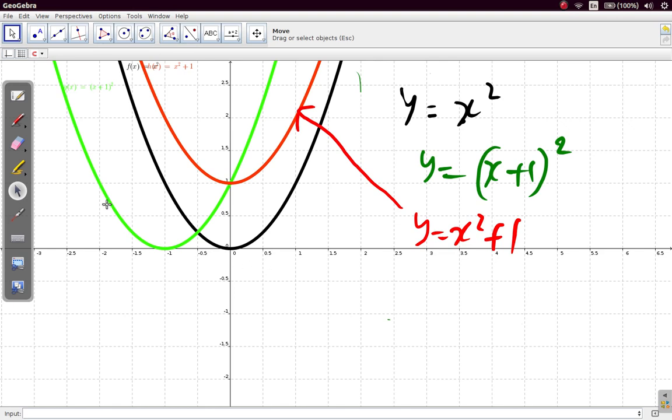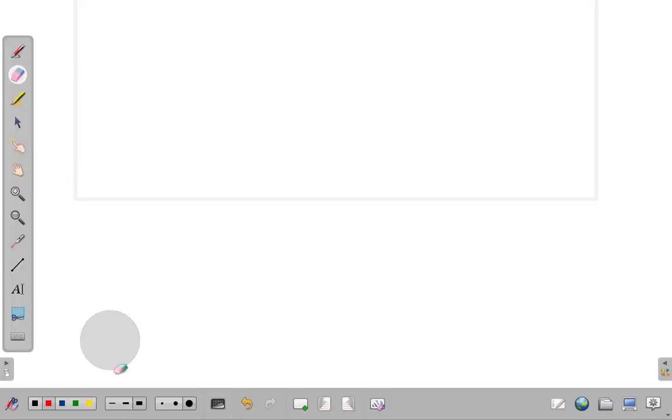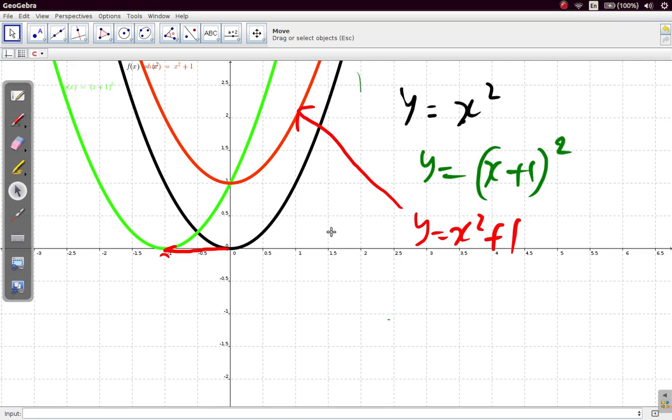So what it does, it moves each point to the left 1 unit. Let me change the color of my ink back to black. So x plus 1 squared moves each point horizontally to the left, 1 unit.